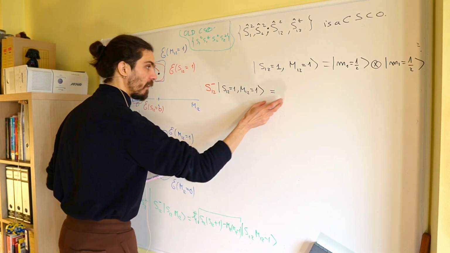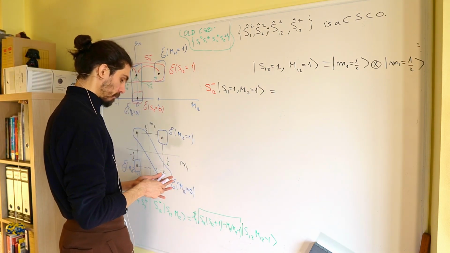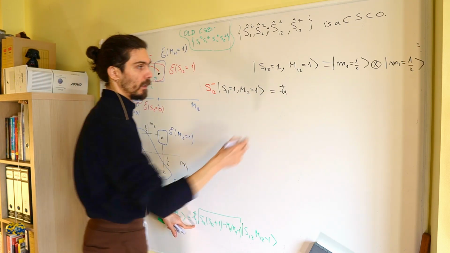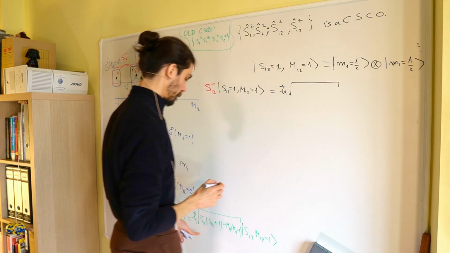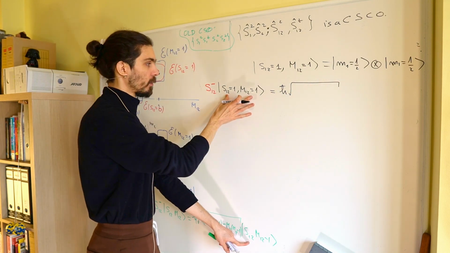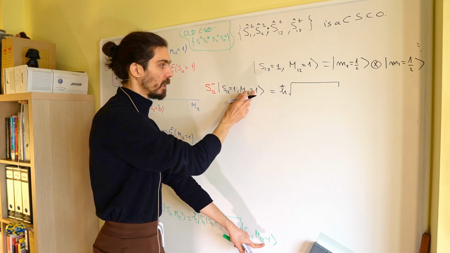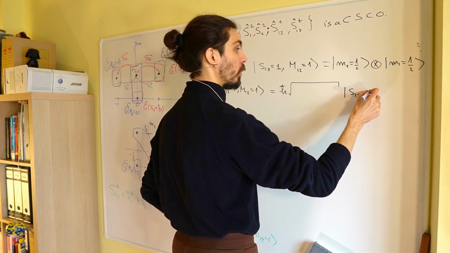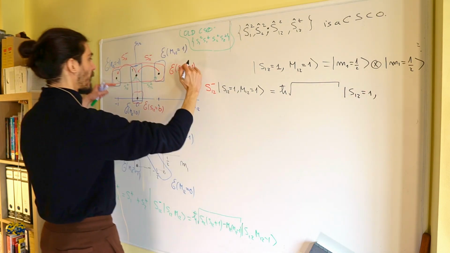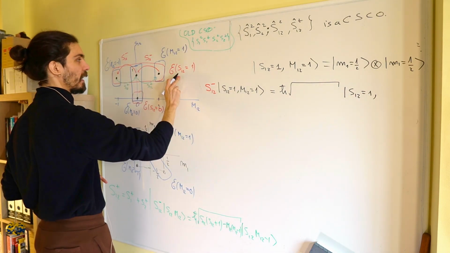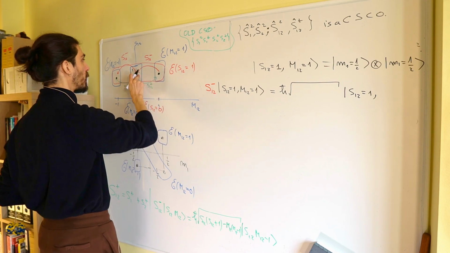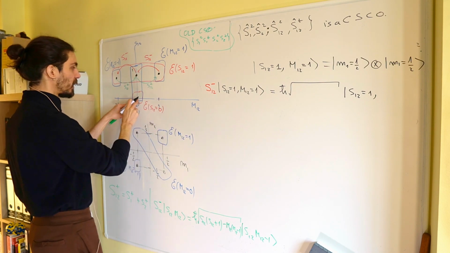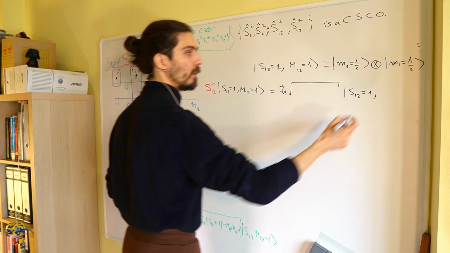Now I'm going to use this formula here. So it's h bar, a complicated square root, and then the same cat that we find here, but with m12 minus 1. So s12 equal to 1 remains the same, because we are acting within this layer, so you just move from here to here. But m12 on the horizontal axis changes, so it goes from 1 to 0.